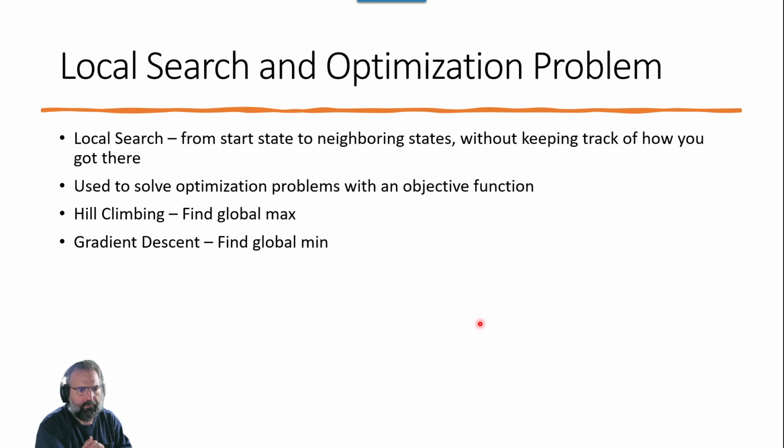It's essentially like hill climbing or gradient descent, depending upon which way you're going, and it's used to solve optimization problems with an objective function. Again, an objective function is a way of scoring how well you're doing, and hill climbing or gradient descent is a way of going the way that's doing better. It's that simple.